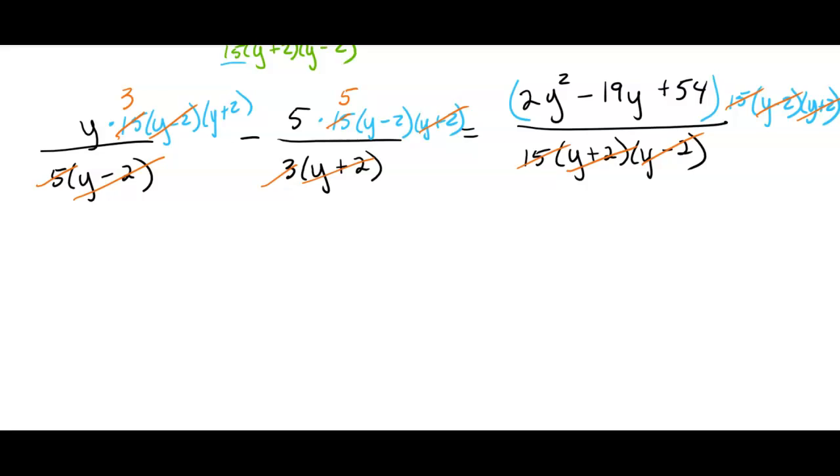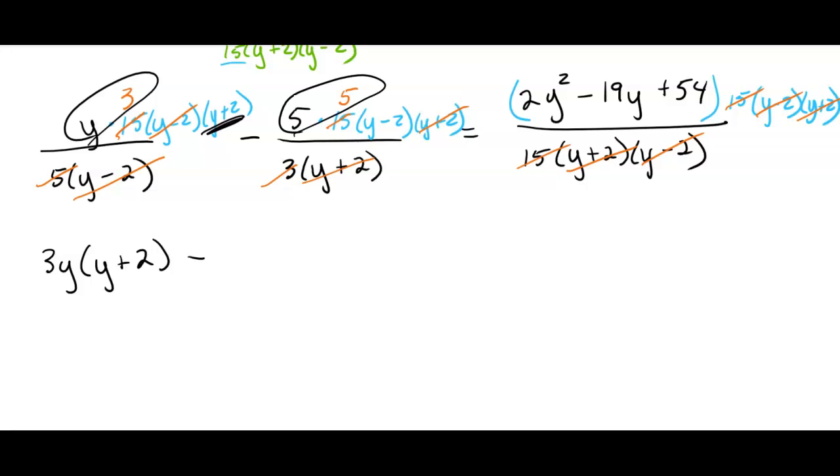I have a 3y right there, 3y times (y plus 2). So there's the y plus 2 I'm talking about. I'm going to have to multiply that out in a little bit. Minus, now I'm going to go ahead and make that 25, because 5 times 5, and then it's going to be times (y minus 2) equals, but on the other side, I just have the 2y squared minus 19y plus 54.